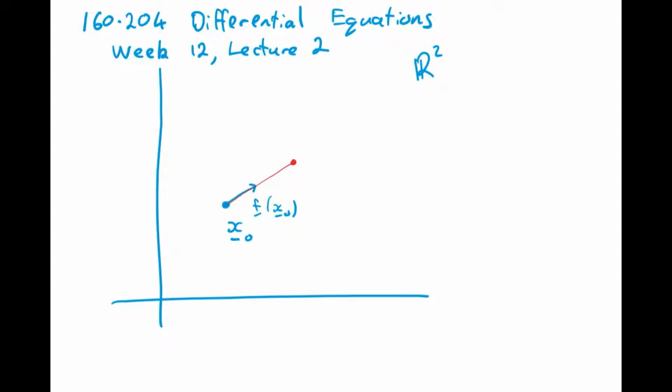And the problem was the vector field has changed direction, so the true solution is going to curve away a bit like that. Let's call that the true solution, x as a function of t. And that's my error. So what can I do about it?